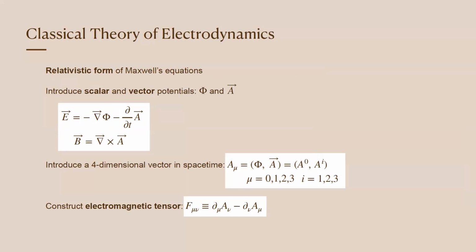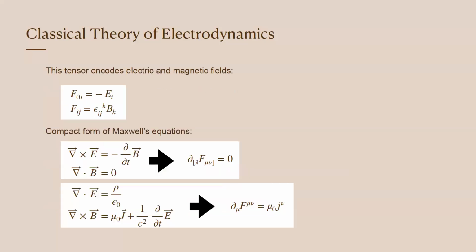Now let's combine the scalar and vector potentials to get a four-dimensional vector, which is denoted by this. And from this vector, we can construct a tensor, which is the electromagnetic tensor, which is given by this. It is an antisymmetric tensor. Now this tensor encodes electric and magnetic fields in this way. So components of this electromagnetic tensor contain electric and magnetic fields.